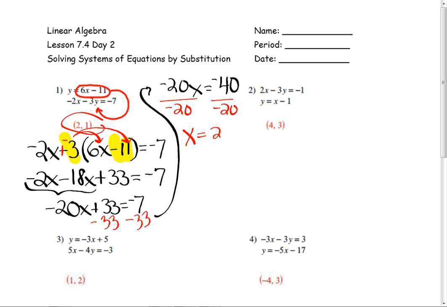So if you substitute 2 back in right here, then I get y equals 6 times 2 minus 11. What's 6 times 2? 12 minus 11 is what? 1.